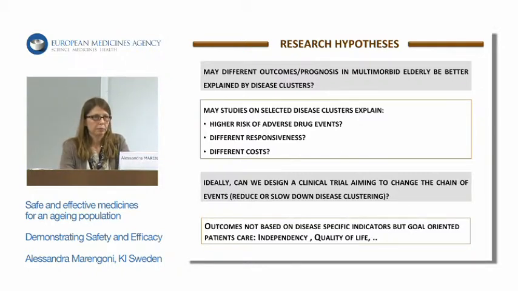There's a very nice paper published a few weeks ago by Terry Fried showing that if you ask an old person which is the health outcome that he would like most to preserve, 70% say independence, and almost all the others say pain relief.